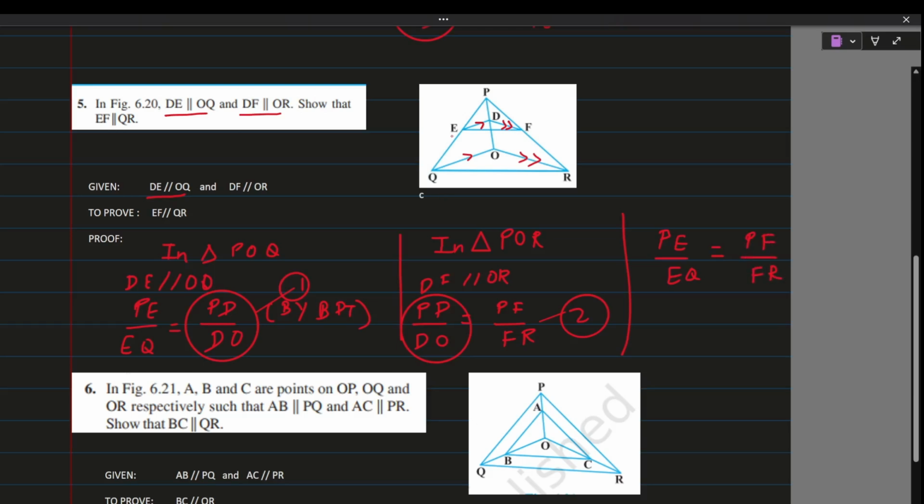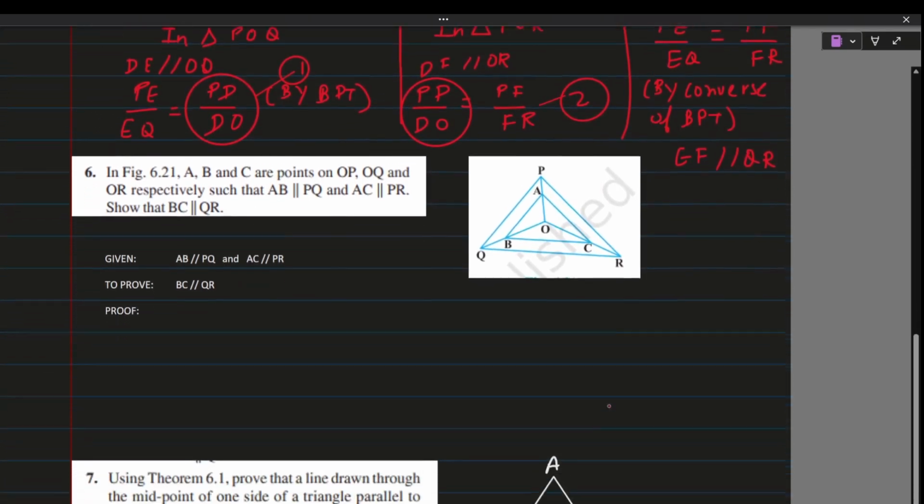So in triangle PQR, we have proved that these two ratios are equal. So now by converse of BPT, we can say that EF is parallel to QR. Hence it is proved.